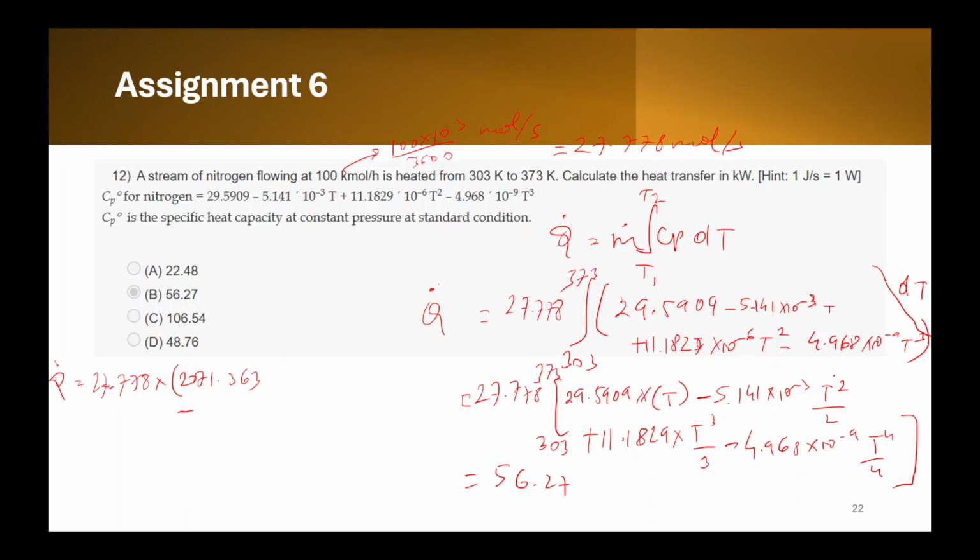So after putting the limits, T square by 2, this is T2 and T1. So this basically becomes T2 square minus T1 square by 2, not the whole square of that. Keep that in mind.